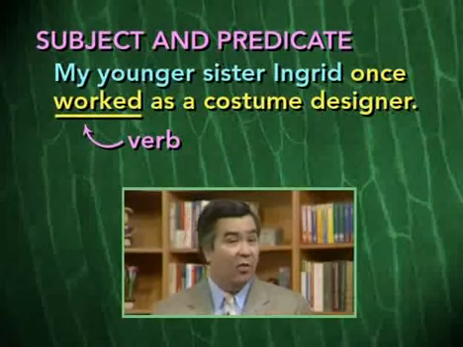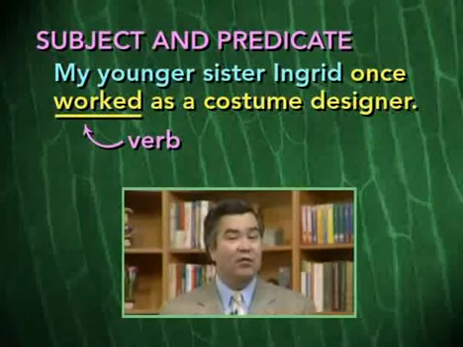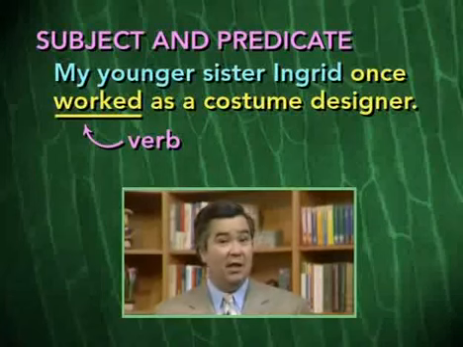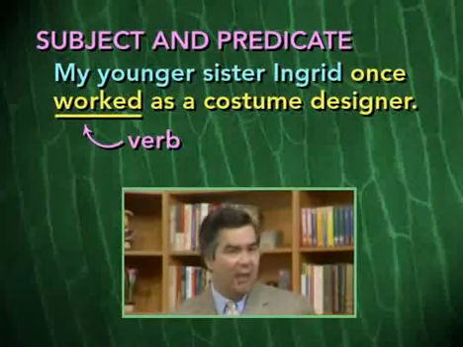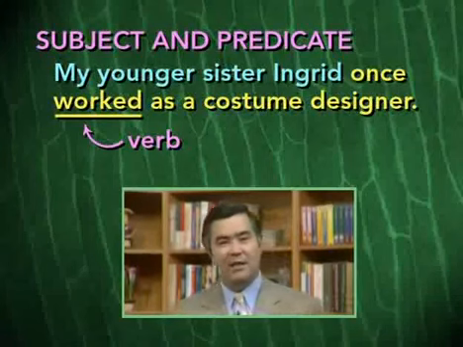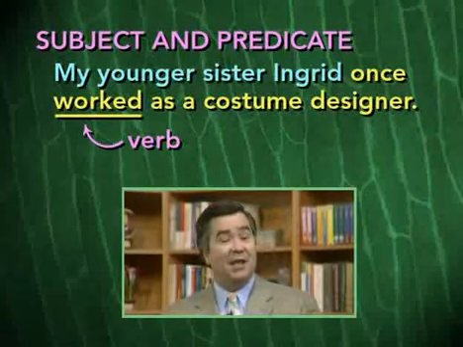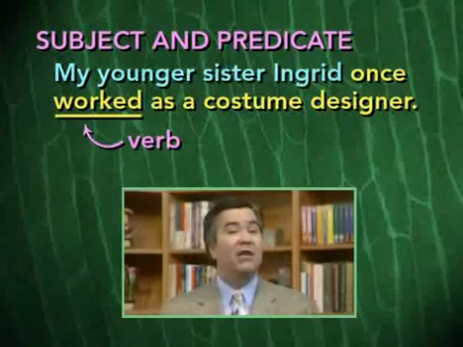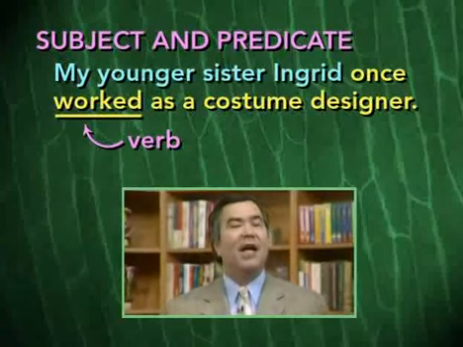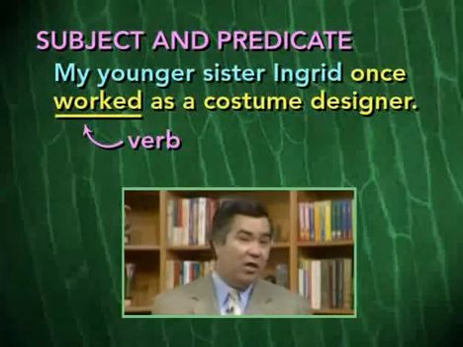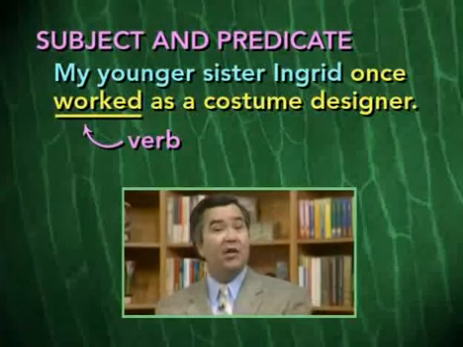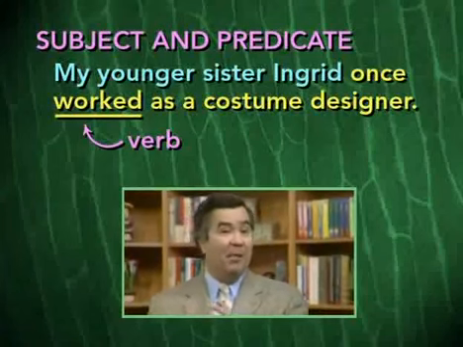Notice that all the other words in the predicate give us more information about what Ingrid did. The word once, for example, tells us when she did it, at one time in the past. And the words as a costume designer give us more information about exactly how she worked, what kind of job she worked at.